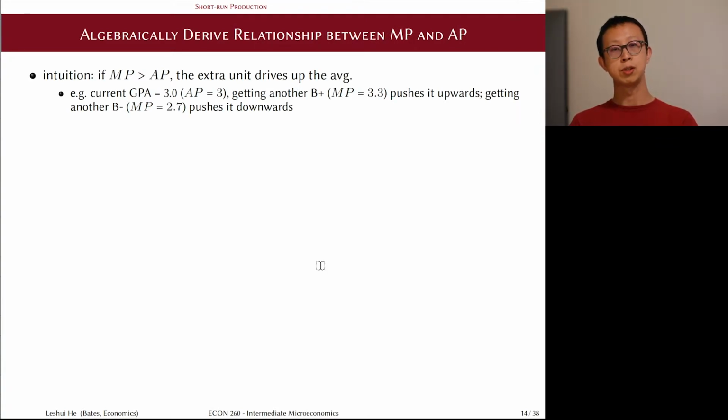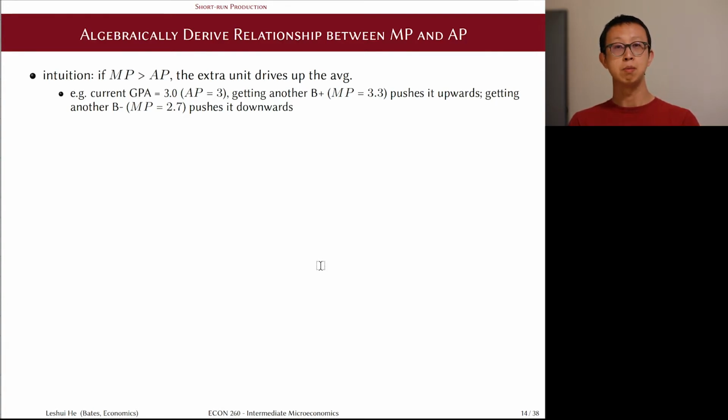The general intuition is actually quite straightforward. Think of the example of GPA that we're all very familiar with. Let's say that I now have a current GPA of 3.0, and GPA is just an average of grades. And now I'm going to get a B+ for this course, which will give me a marginal grade point of 3.3. So in that case, my new GPA is going to be higher.